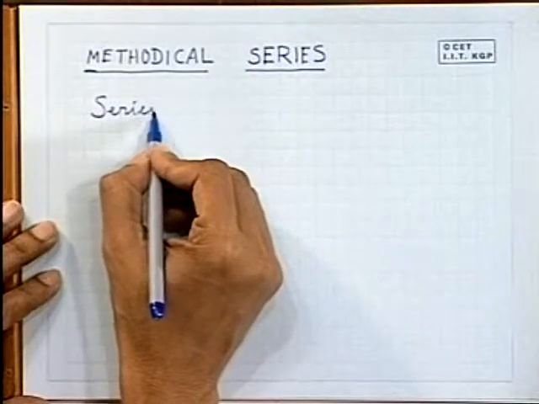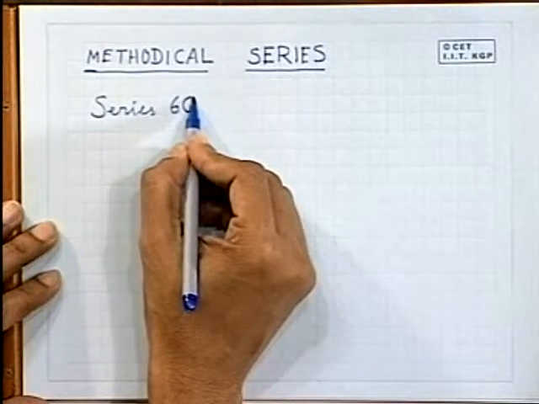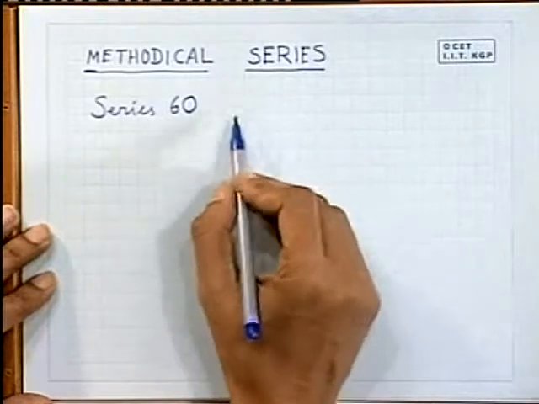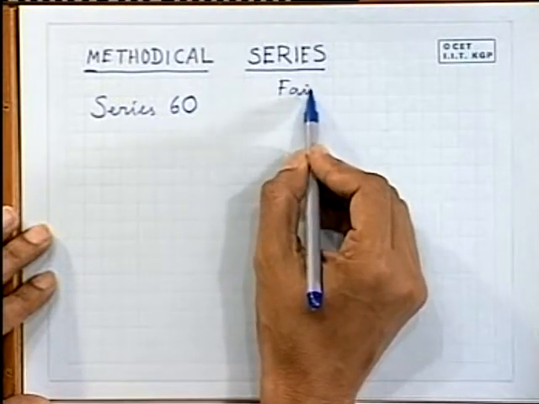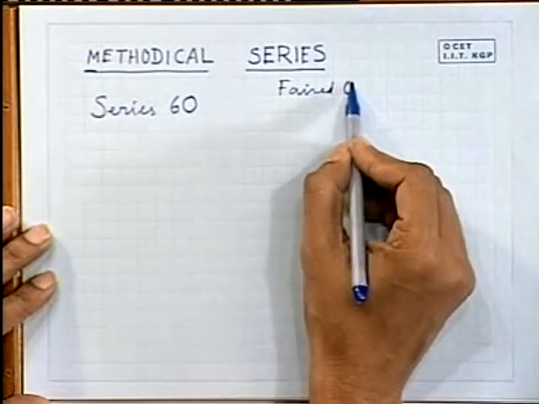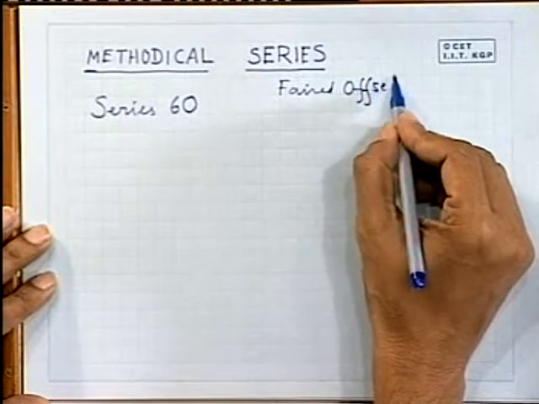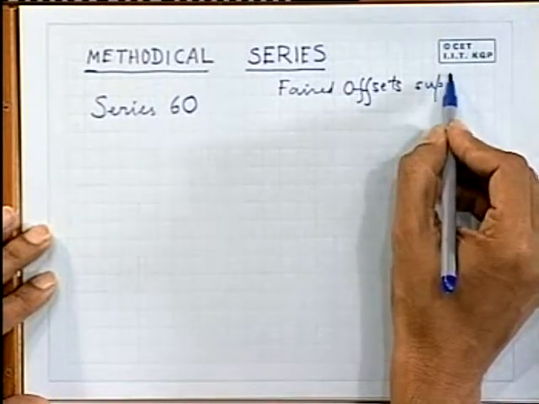Series 60 ships have been tested for resistance in a towing tank, and the towing tank has supplied faired offsets.